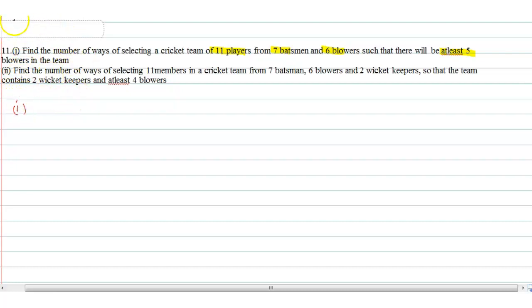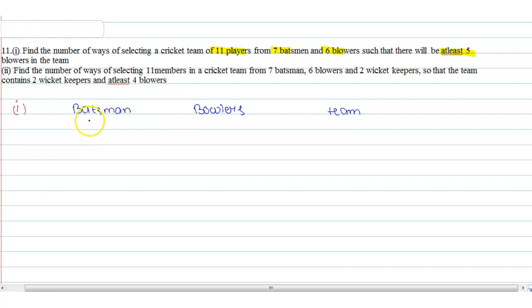First, in that we need to draw the table. First here: cricketing, batsmen and bowlers, and next the team.